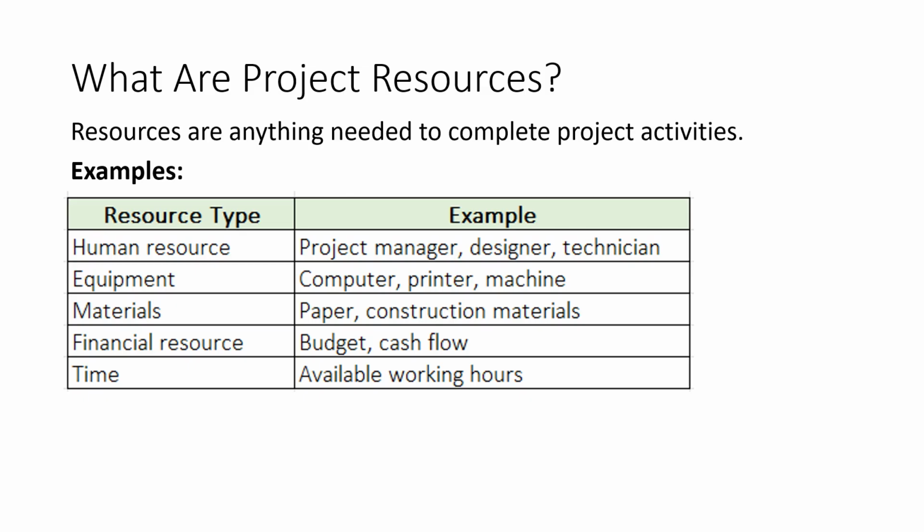In an event project, materials may include banners, stationery, registration forms, or decorations. Financial resources are also important because the project needs money to pay for materials, services, and other expenses. Finally, time is also a resource. Even if people and materials are available, the project cannot be completed if there is not enough time.